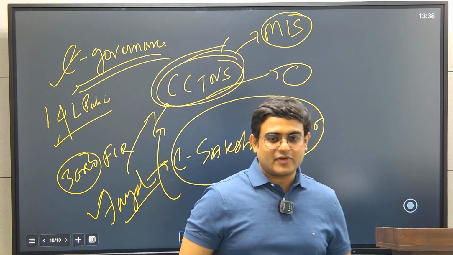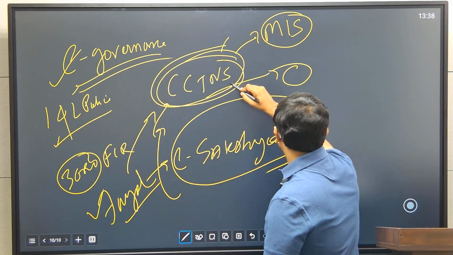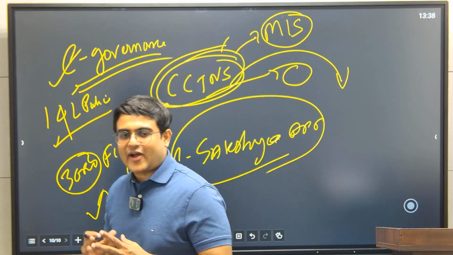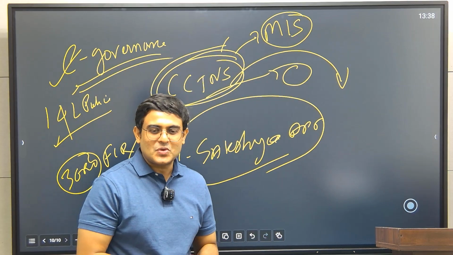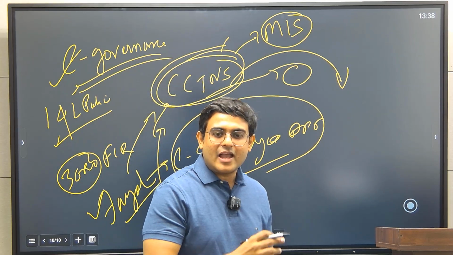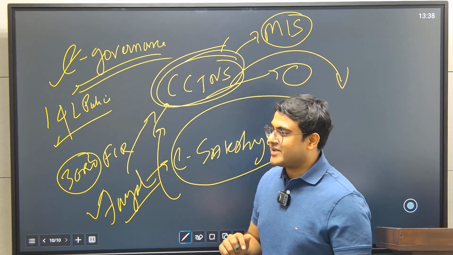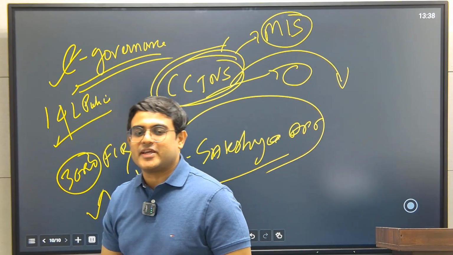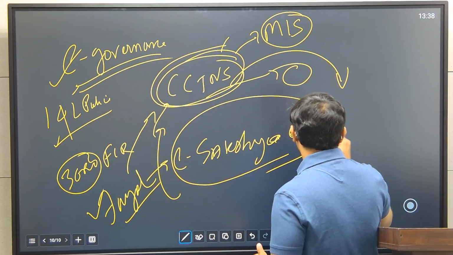Now, further linkages: what can you link this with? Such a huge database, with facts, will promote evidence-based policy making. So you can connect it with the rational model of policy making, evidence-based policy making.